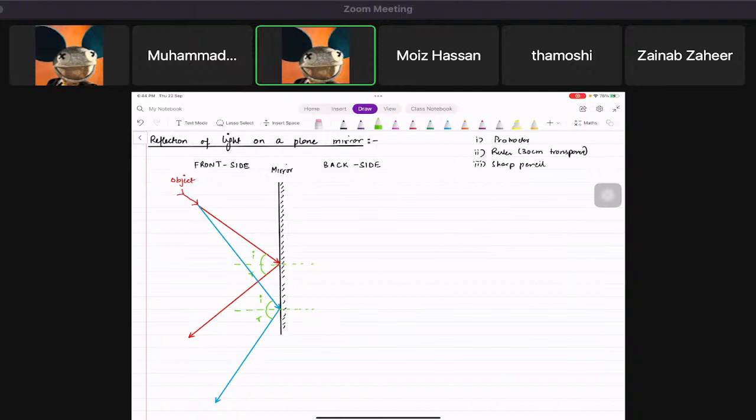So then what you're gonna do is extend these lines, use the ruler to extend them backwards. And try to make it a dotted line like this. Just extend them backwards.